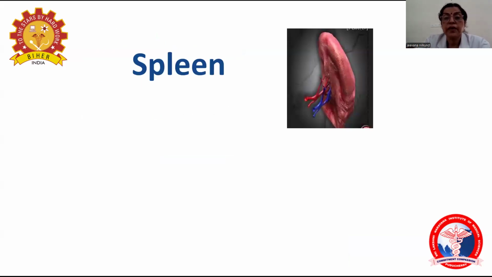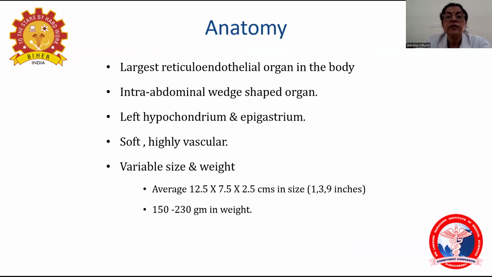Next is the spleen. Spleen is the largest reticuloendothelial organ in the body, intra-abdominally placed, and it is a wedge-shaped organ. It is seen in the left hypochondrium and in the epigastrium. It is a soft and highly vascular organ.